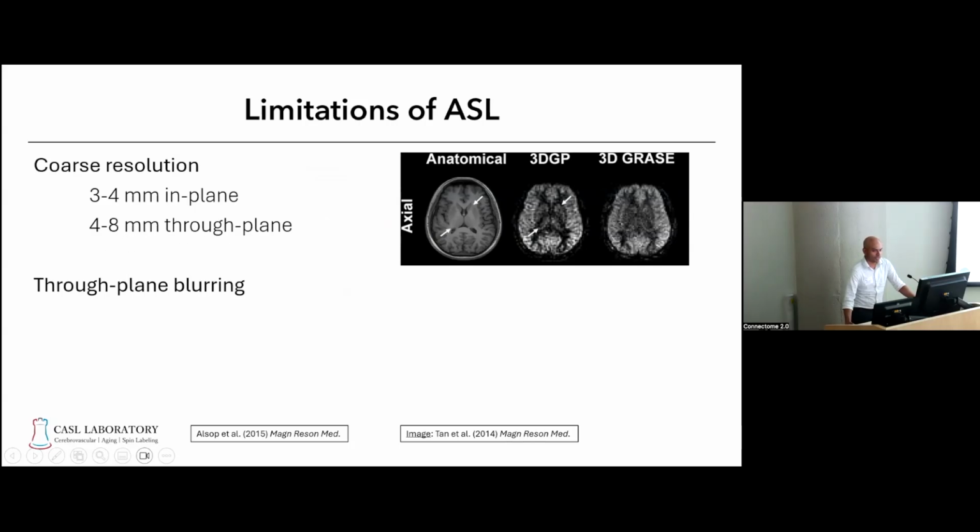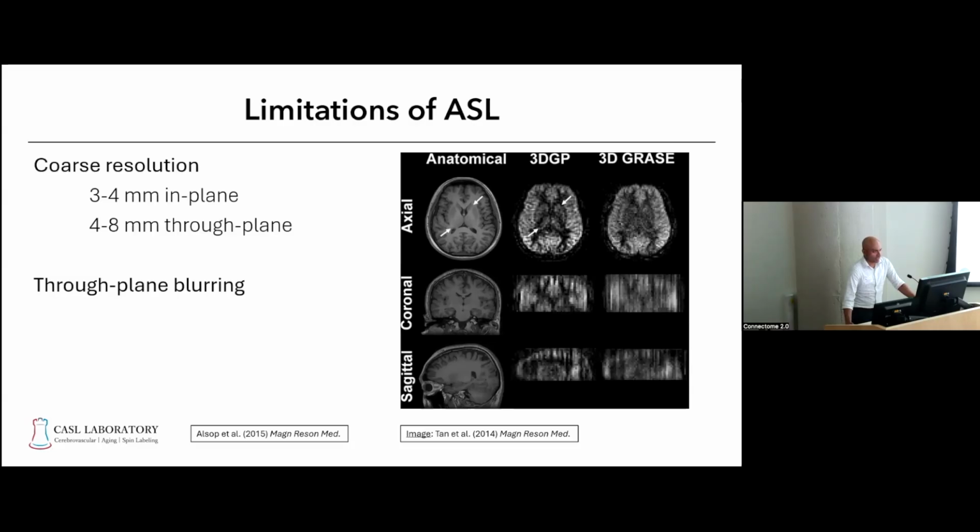So you can see on the right, even with 3D acquisitions, that the resolution makes it quite difficult to resolve the gray matter from the CSF and white matter, much less within the cortical ribbon. In addition, what we also see with 3D acquisitions in ASL is through-plane blurring. You can see in the coronal and sagittal slices of these acquisitions, there's significant blurring in the Z direction that makes it really difficult to resolve these structures.